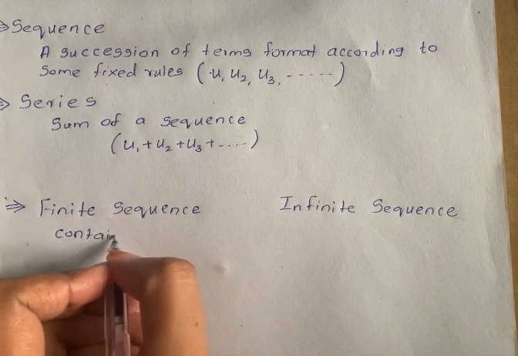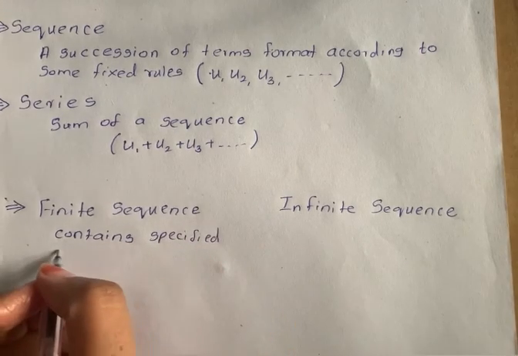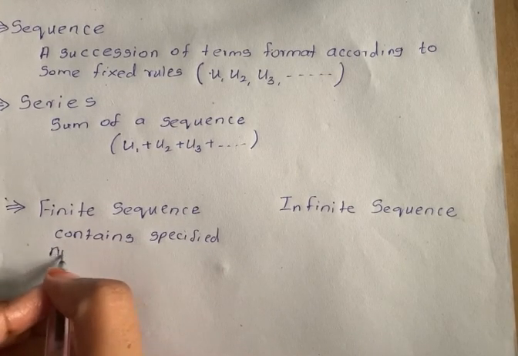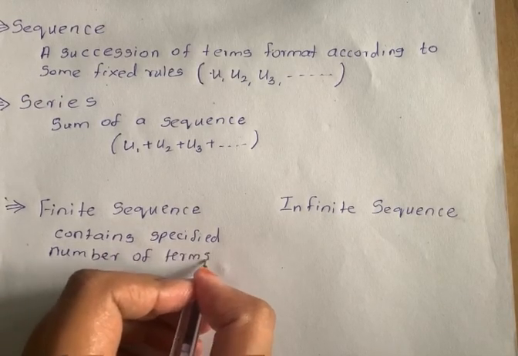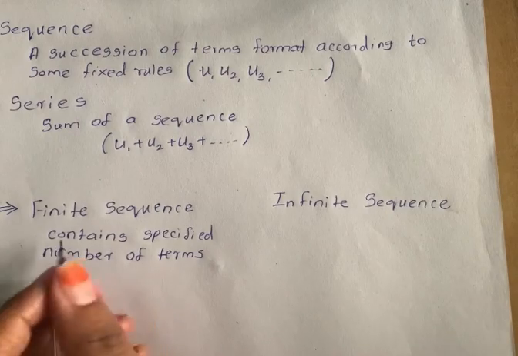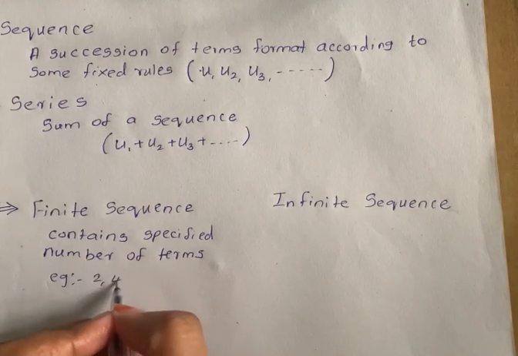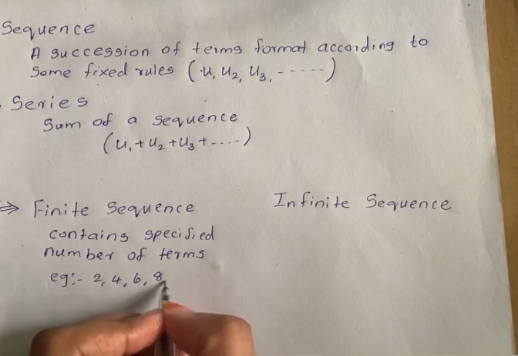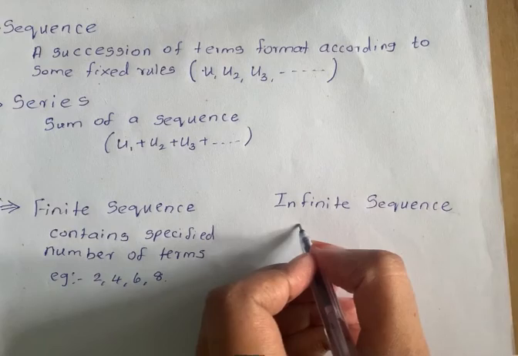A finite sequence contains a specified number of terms, for example, we will write 2, 4, 6, 8. That's a finite sequence. It has only 4 terms.